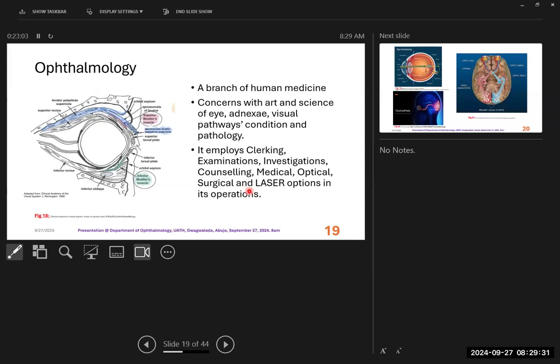Then it employs, like the core medicine it belongs to, clerkship, examinations, investigation, counseling, medical, optical, surgical, and laser options in its operations.